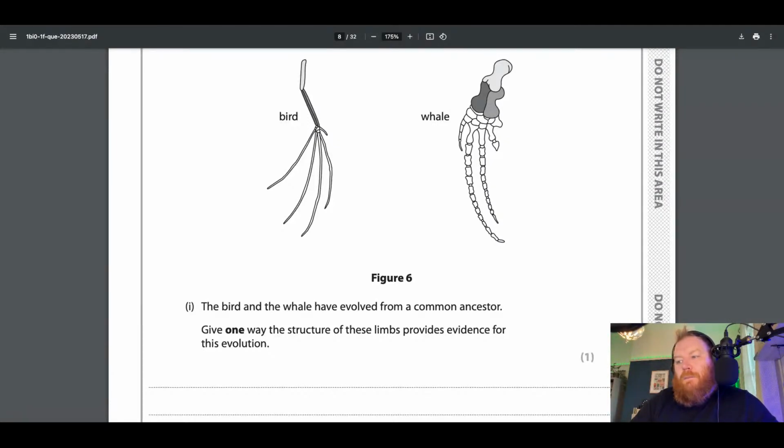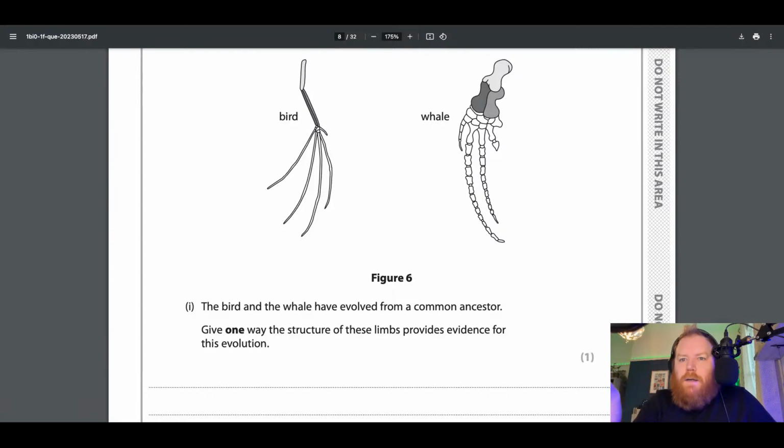And the bird and the whale have evolved from a common ancestor together. And it's quite a hard thing to picture that a bird and a whale came from the same ancestor. But how would we then be able to represent this?